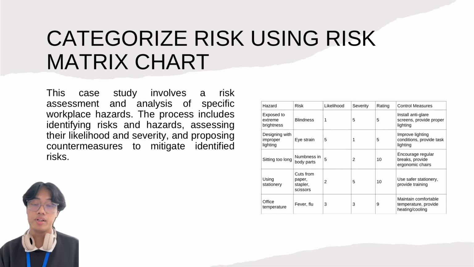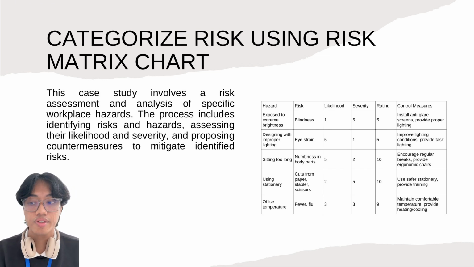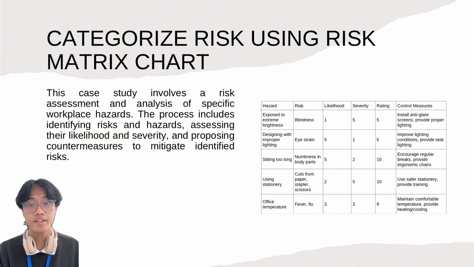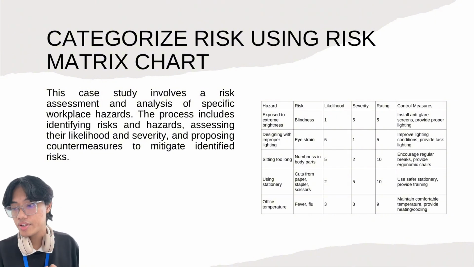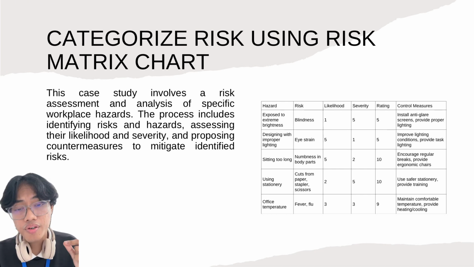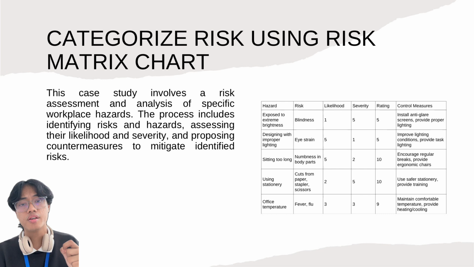One solution for this is installing anti-glare screens to provide proper lighting for the employees who have been working here. As you can see here, sitting for too long has a low severity. It means it doesn't cause a lot of injuries for the employees.